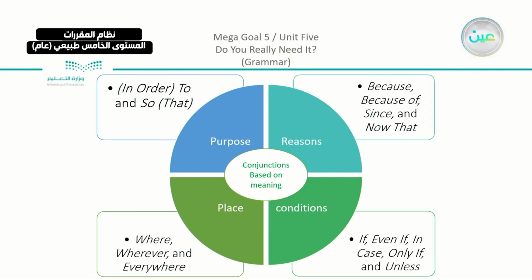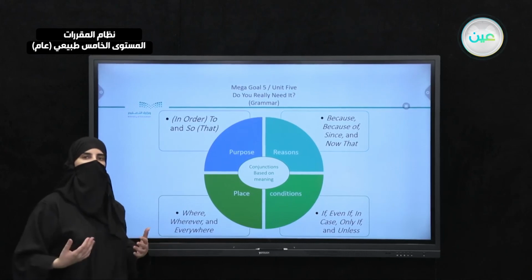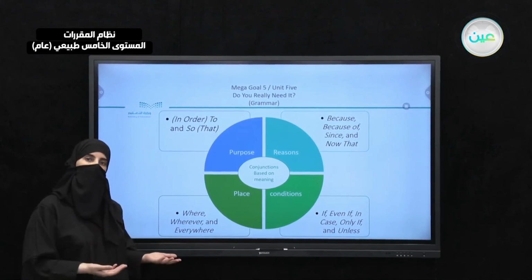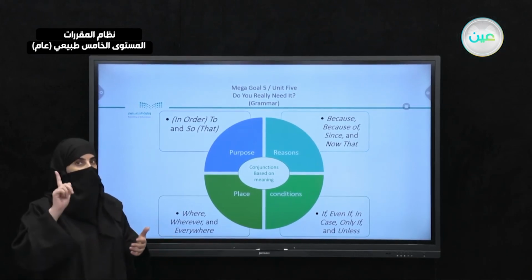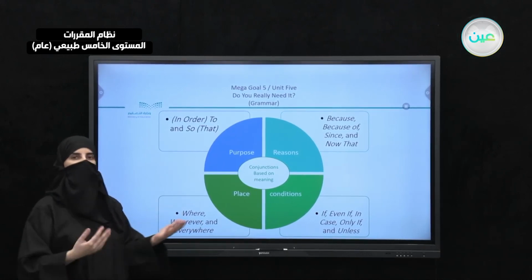Here, you can see that the adverbs are a lot. You just have to revise them, but if you think about it, it is very easy because we always use because with reason. We use where, everywhere, if we're talking about a place. We use, for example, unless, if it is a condition. So these are typical for us and we know them.